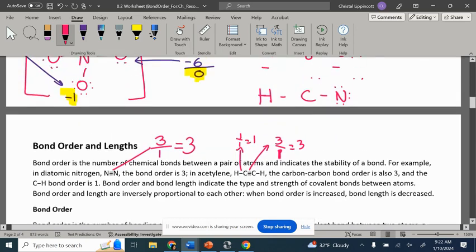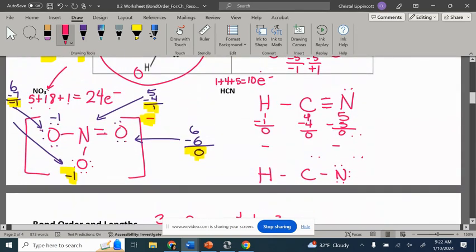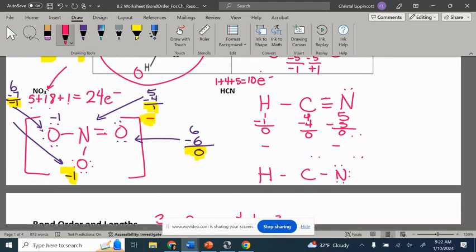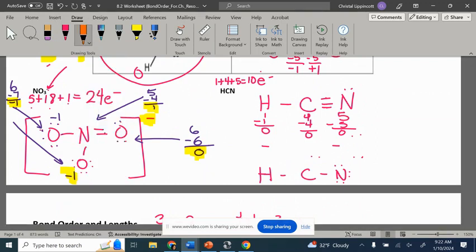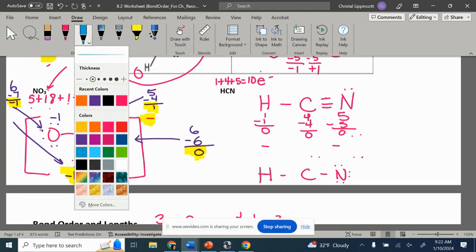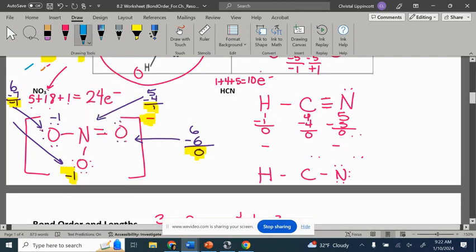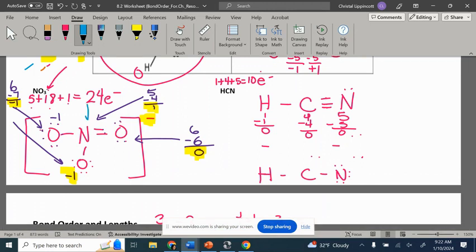Let's go back up to this nitrogen here. Okay. We can do an overall bond order for this nitrogen. And when we look at that, I'm going to switch this orange pen here. Or maybe blue would be better. Let's do blue. Okay. So when we look at this, if we want to know the bond order for the nitrogen, okay? And this is going to come down to something called resonance, which I'm going to have to get into tomorrow.